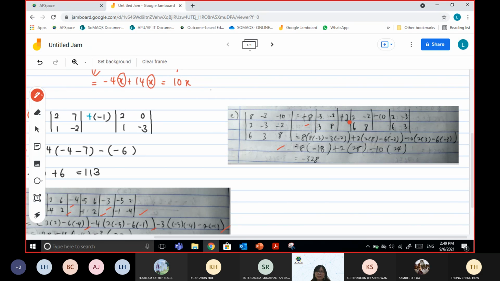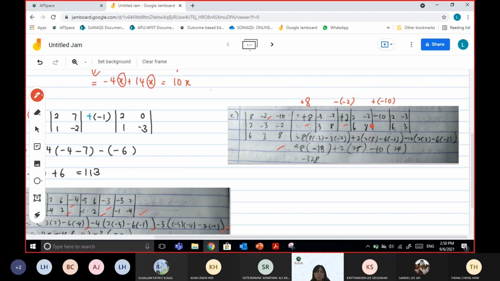So +8, then this one becomes +2 because you have a negative sign, then with a -2, the value here is +2. Then the last one is a plus, but there is a plus of -10, so it becomes -10. So the first one is +8. Then blocking the first column, these are the values.